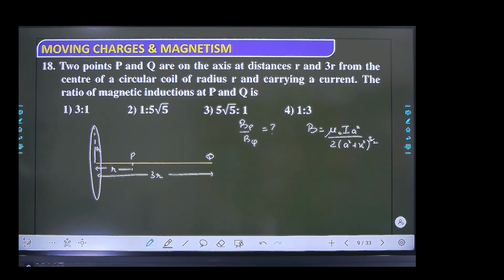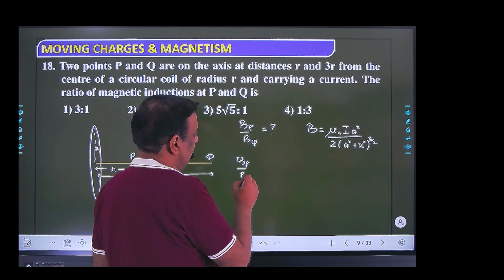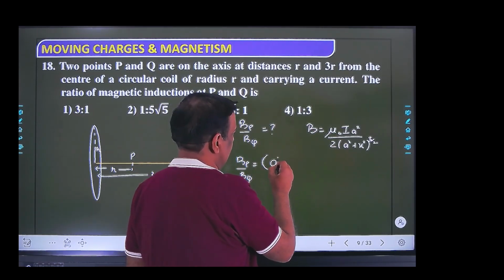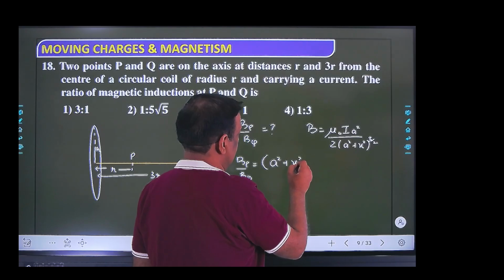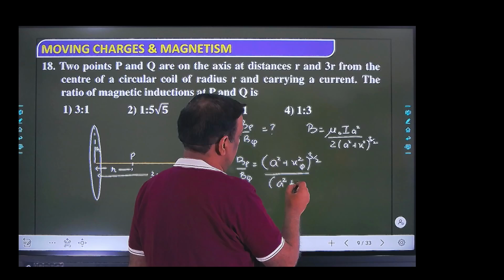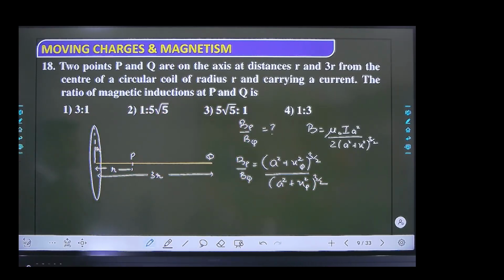Find the ratio of BP to BQ. The other factors remain the same, so we can say BP by BQ is, let's see what the value will be.